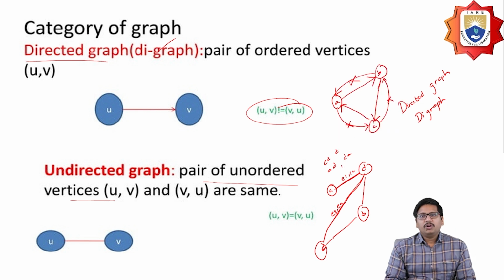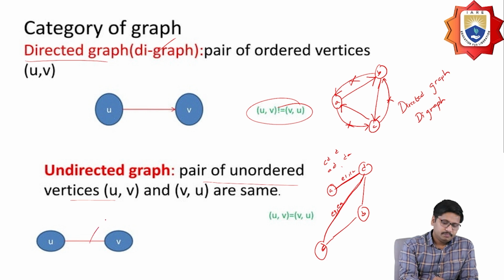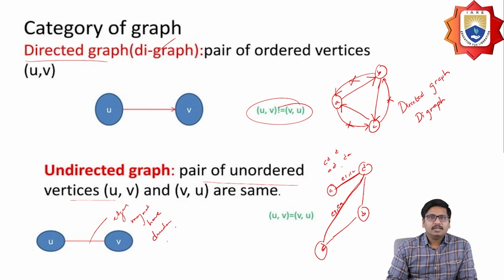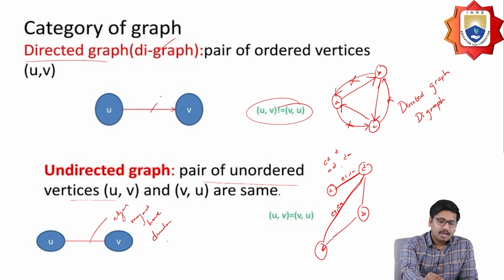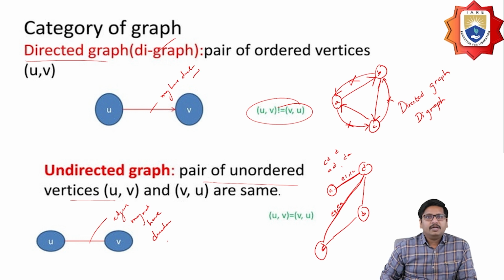Like this, we get edges in an undirected graph. The edges do not have directions in an undirected graph, and edges have directions in a directed graph.